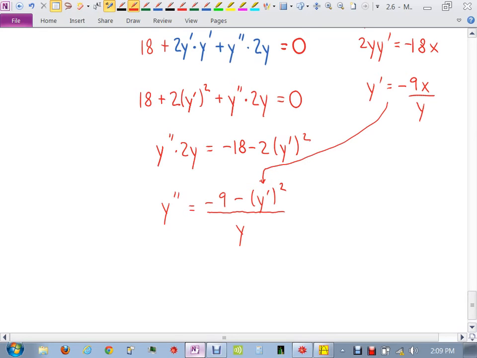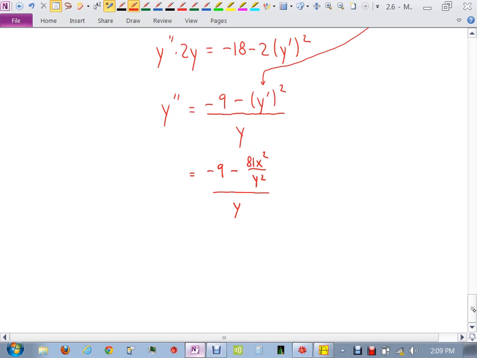And that would give you negative 9 minus, when I square that, I get 81x squared over y squared, then over y. And then what do you think they do? Get a common denominator, right? Put those together on the top. And then flip the fraction and clean it up. I think I'll finish right there, though.